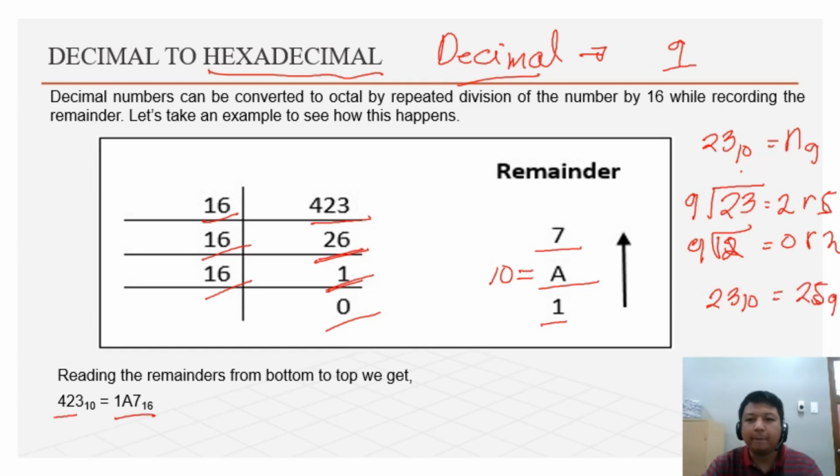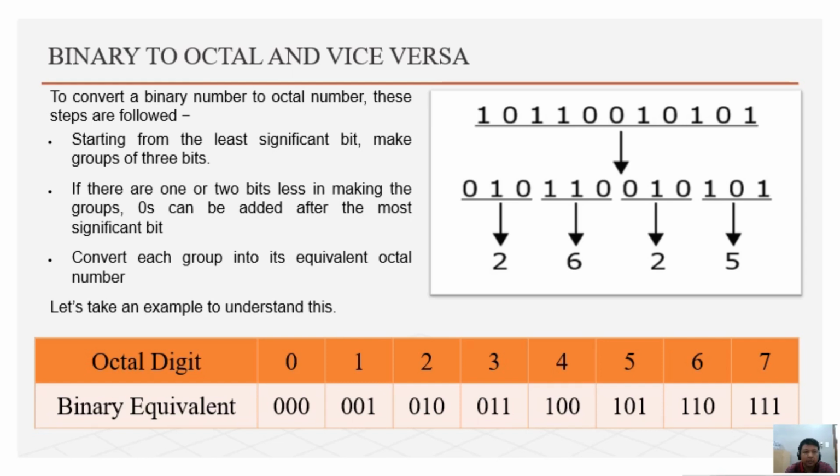So, that's how simple it is. Next, we can also convert binary to octal, and vice versa. To convert a binary number to an octal number, these are the steps to be followed. In other words, you are just going to group the binary number by threes for octal, since 2 raised to 3 is equal to 8.